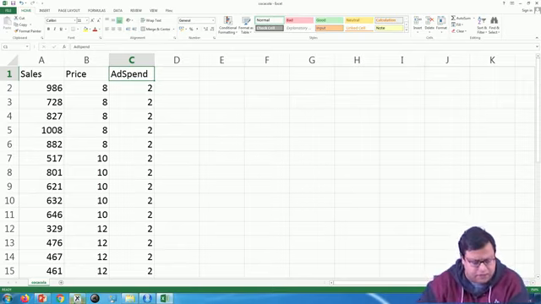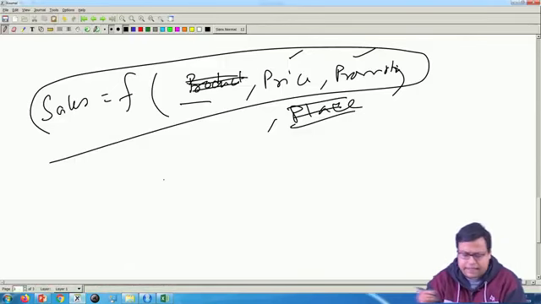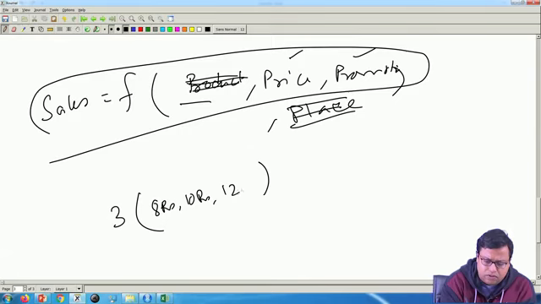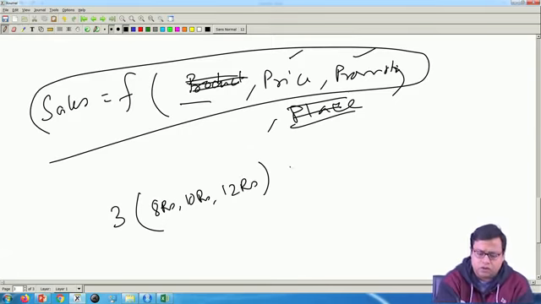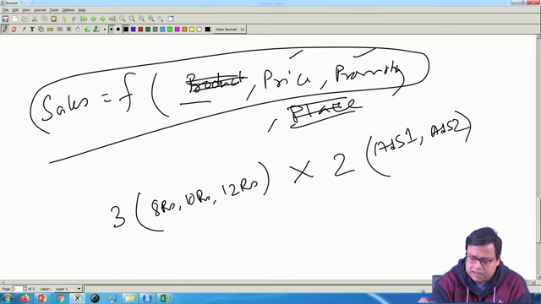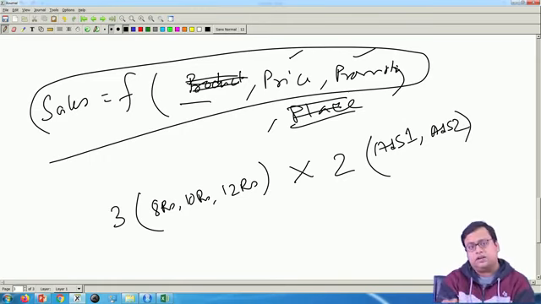You will see carefully that in this particular case there are 3 prices, 8 rupees, 10 rupees and 12 rupees, into 2 advertisement spends, ADS 1 and ADS 2. This is the kind of orthogonal experimental design that you have created.